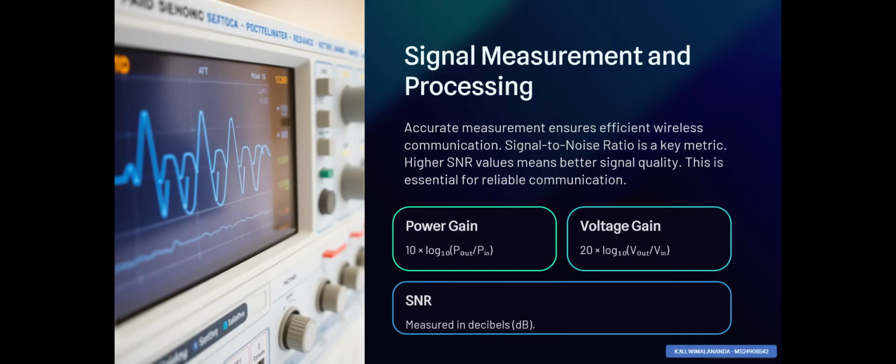This concept is fundamental in designing reliable wireless systems that can operate in noisy environments. We can also measure SNR in decibels.